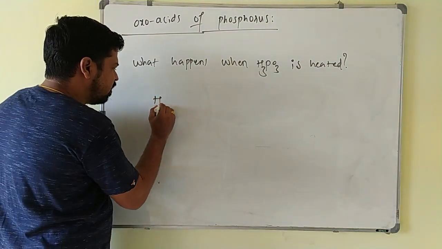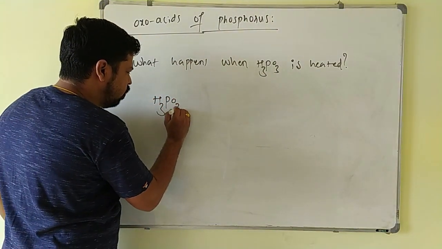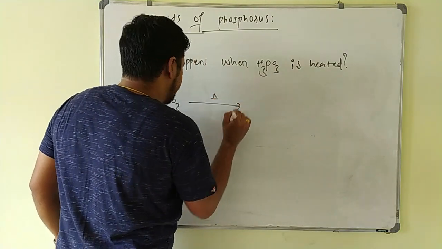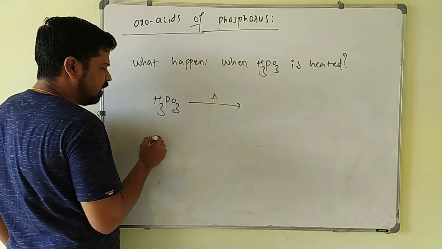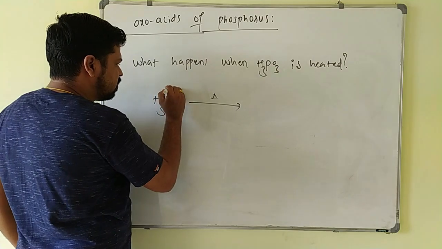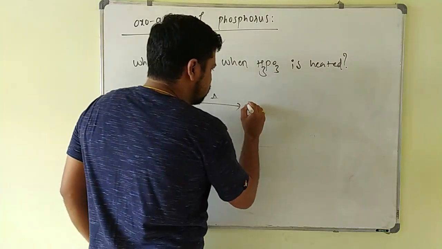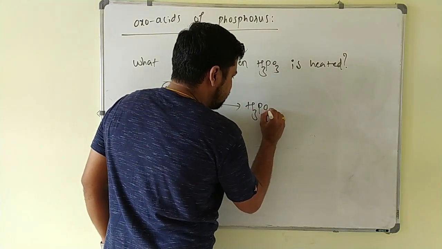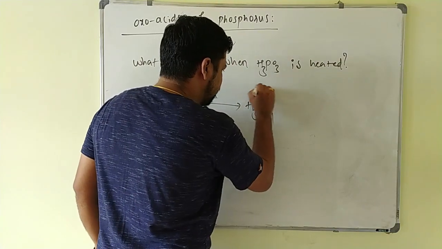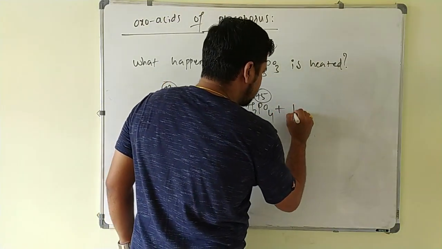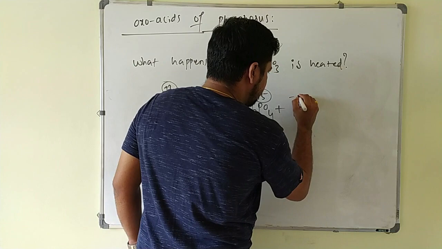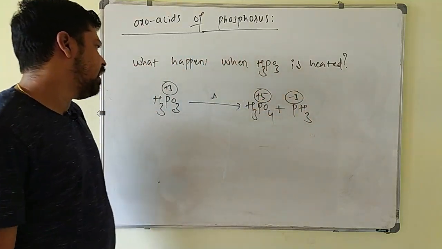So I'll write, this is H3PO3. On heating, what is the oxidation state here? In the case of H3PO3, the oxidation state is plus 3, so it will convert into one higher oxidation state, that is plus 5, and it will form phosphine where the oxidation state of phosphorus is minus 3.